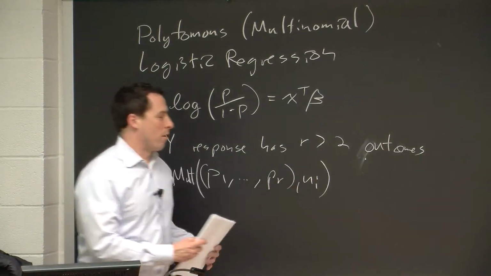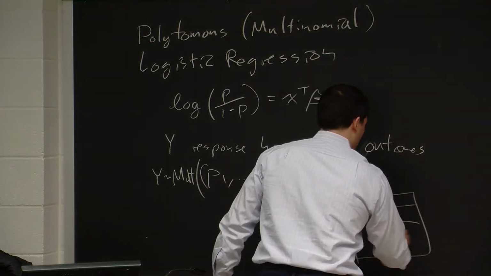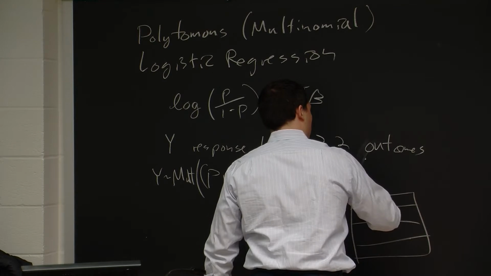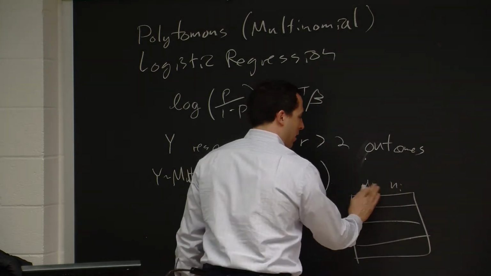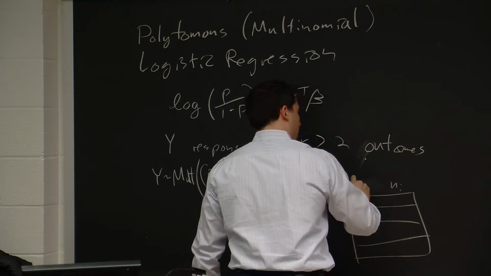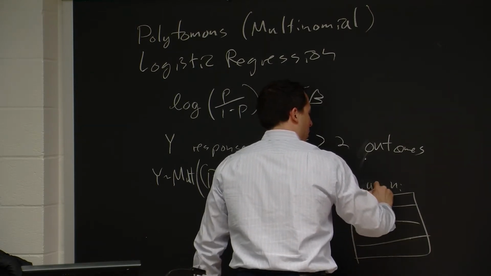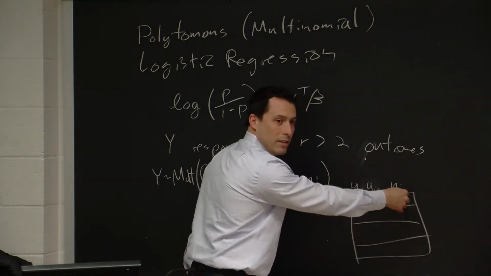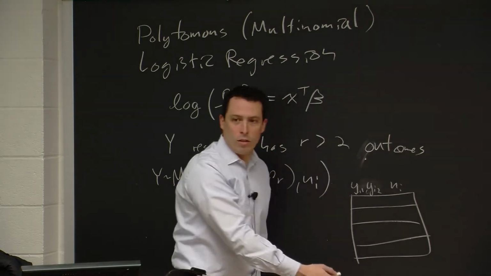When I write the ni, I'm thinking of one of these tables where before we had yi and ni, number of successes and total number of trials, and now we'll have successes of type 1, y1i, yi2, and then total. So the ni's will be these row totals.